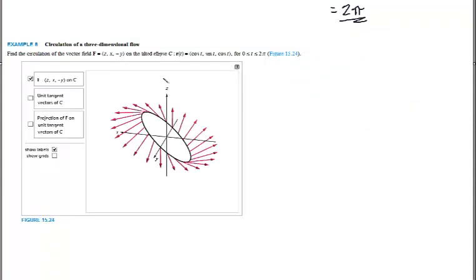In this case, they have given us our F, they've given us our r. We are to find this circulation with our F dot product with our T unit vector here. And what we're going to get when we substitute this in, this is going from 0 to 2 pi, substituting in our variables in terms of t.